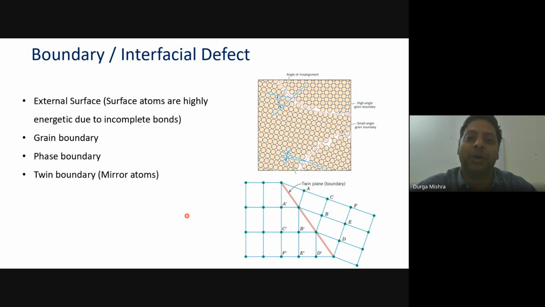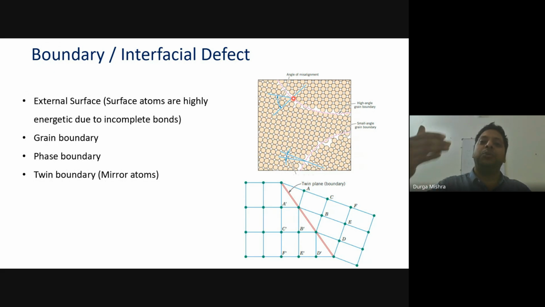Normally, as I said, the grain boundary has very energetic atoms, a lot of vacancies, a lot of open bonds, and many impurities. In an optical microscope, what is the process? You shine light, the light gets reflected, and you see the reflected light. But if there are too many defects, vacancies and incomplete bonds, the scattering will be too high from the boundary.